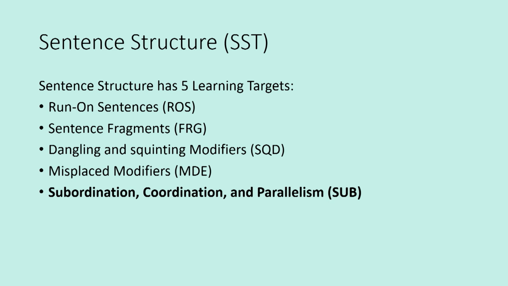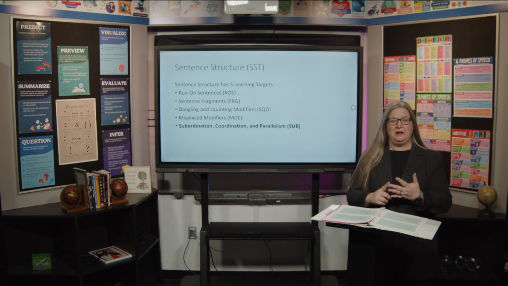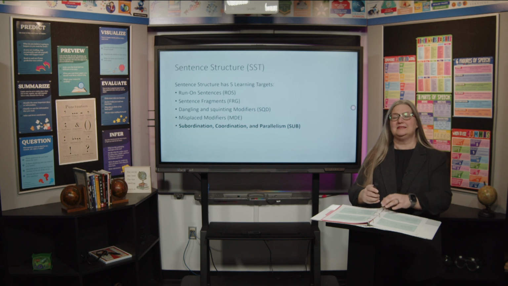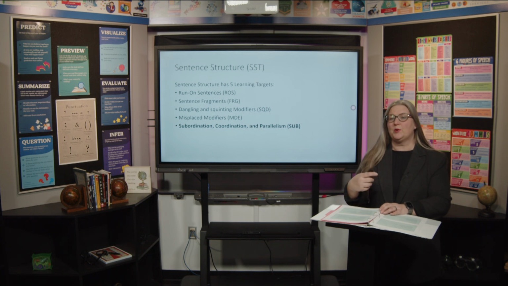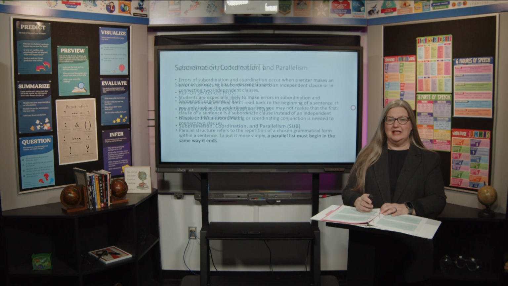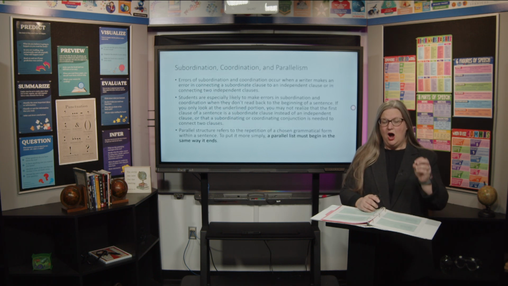Before we get too involved in the actual test items, I'm going to explain subordination, coordination, and parallelism according to ACT. What do they say is the best way to study or prepare for these kinds of questions? So let's look. Subordination, coordination, and parallelism are errors.